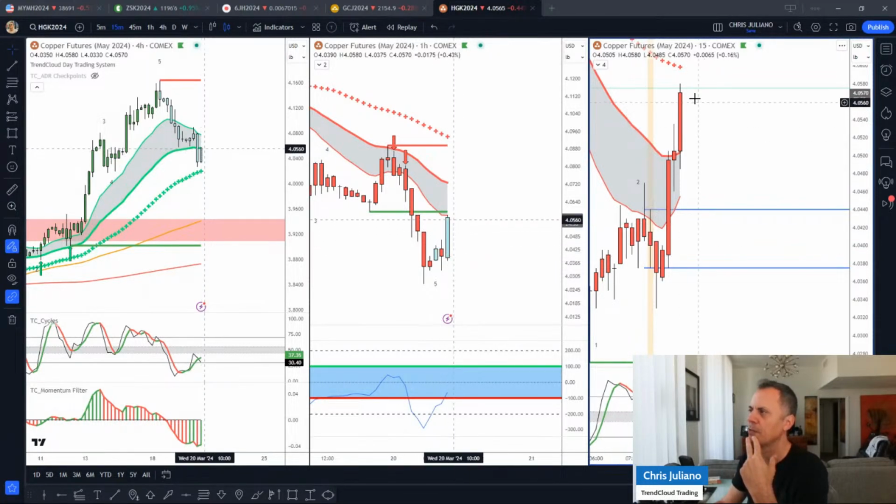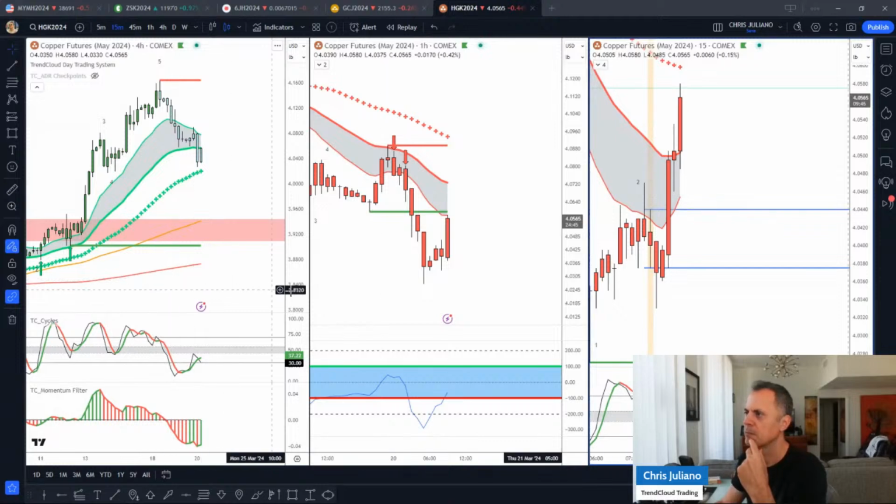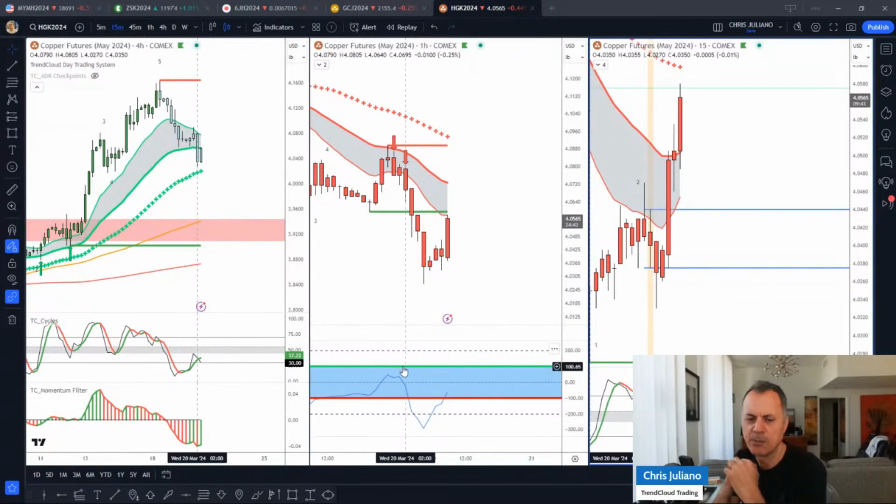So the low time frame is fitting the narrative of the high time frame, but we don't have that middle time frame component. And therefore, it's best to walk away. Simple as that.